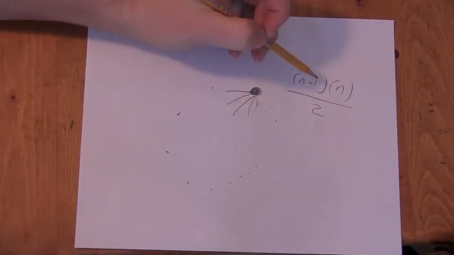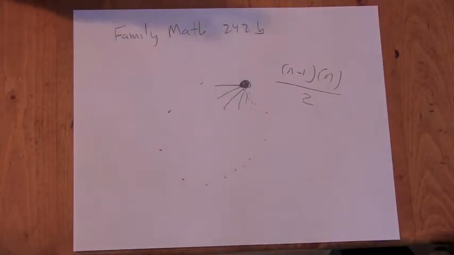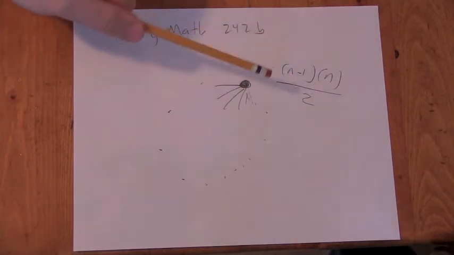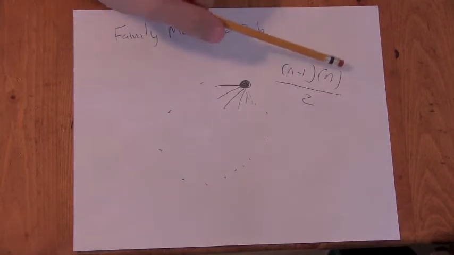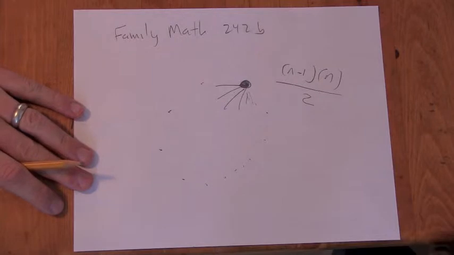How would we normally say this? Have you ever seen this expression before? Sorry, that was a silly way of phrasing my question. Have you ever seen this expression n times n minus 1 over 2 before? Well, that's like the side. I think that's like one of our sides of a polygon.